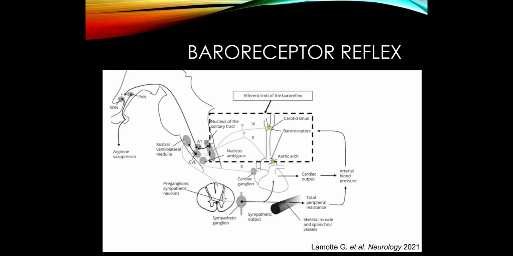What the baroreceptor reflex is: when your blood pressure and your heart rate go up, that is sensed in these baroreceptors, which, via cranial nerves 9 and 10, input to the solitary nucleus. And what this nucleus does in the baroreceptor reflex is it tries to bring your pulse and your blood pressure back down.